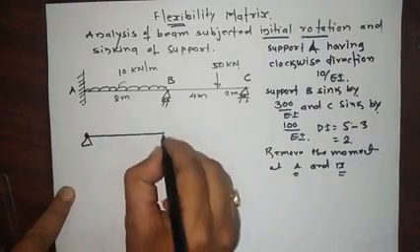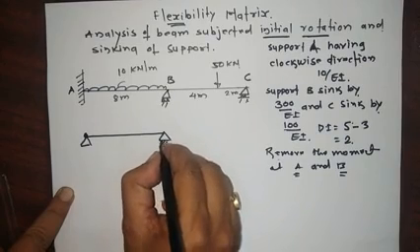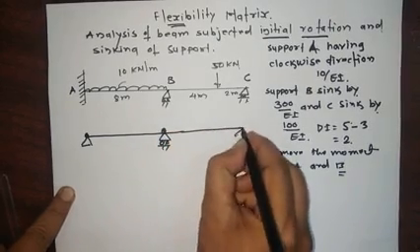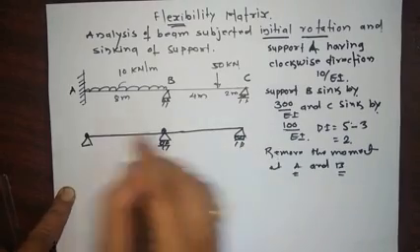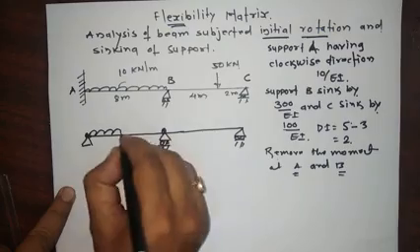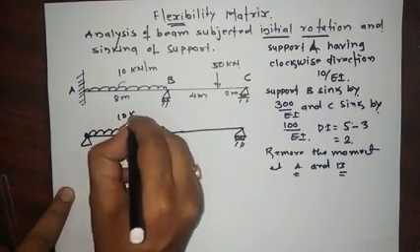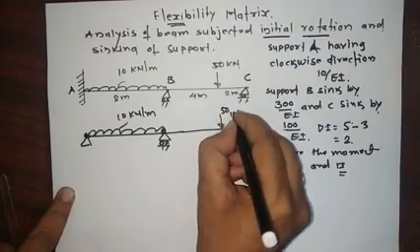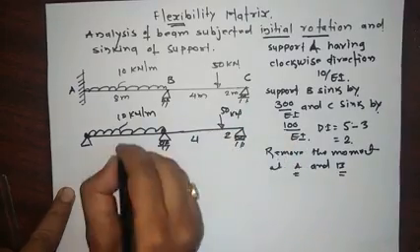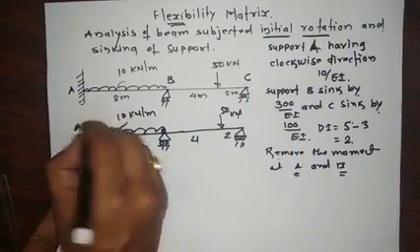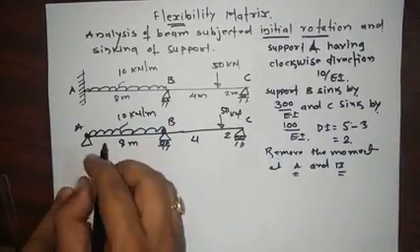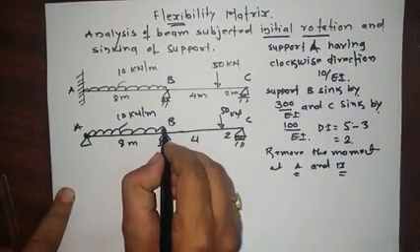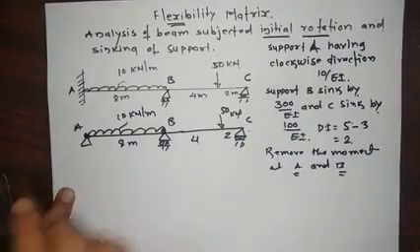We have inserted a hinge here, now this is our beam. This structure is called the released structure. 4 meter, 2 meter, and this is the 8 meter, A, B and C. We have removed the 2 forces, that is moment at A and moment at B, so this structure is called the released structure.